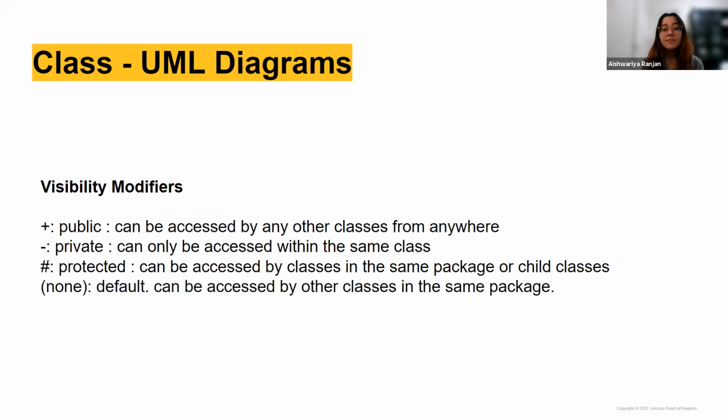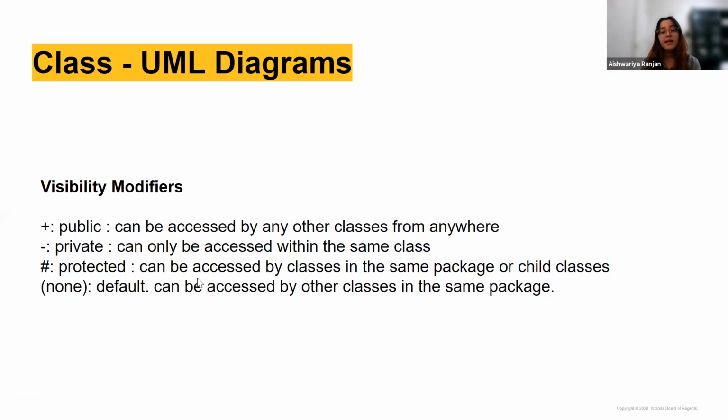The minus sign means it's a private variable or method. It can only be accessed within the same class. So within the class, if I have a particular method, that method could call that variable, but if I'm in some other class, I cannot call that variable because it's private only to that particular class.